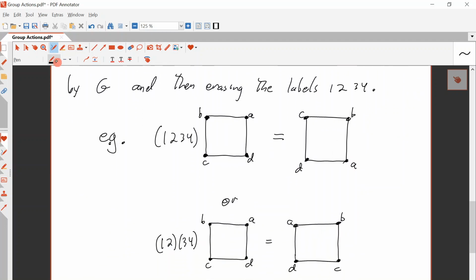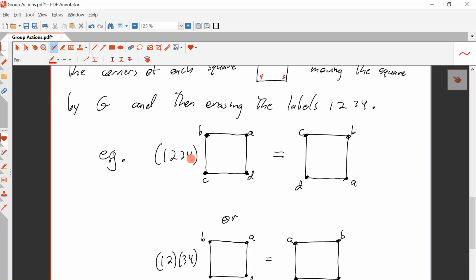So if I took this guy here, the action of (1 2 3 4) on this square, which was in X. So that's (1 2 3 4). This takes the vertex at position 1, puts it at position 2. The vertex at position 2 puts it at position 3. The vertex at 3 puts it at 4. And the vertex at 4 puts it at 1. The vertex 2 puts it at 3. The vertex 3 puts it at 4.